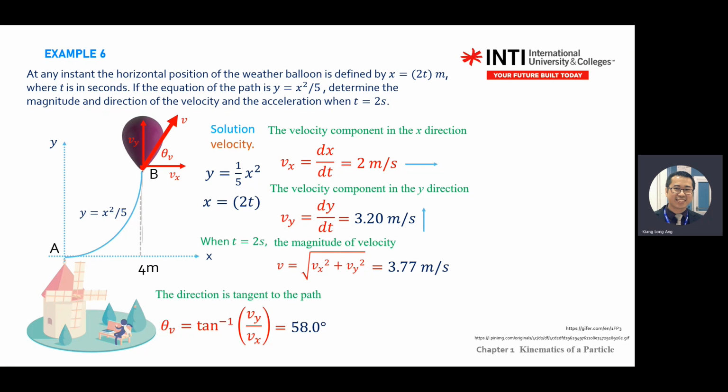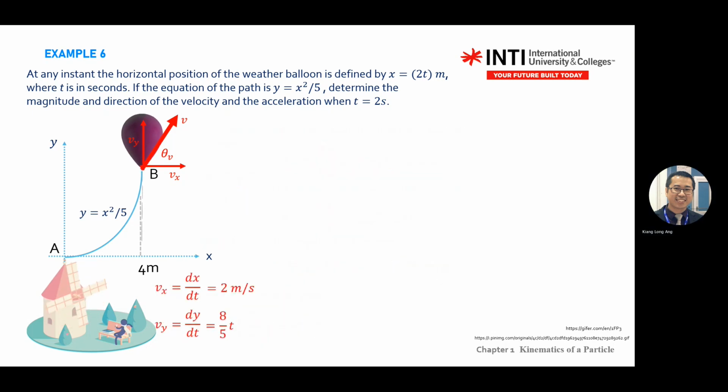In this case, you have your a and b. It's a tangent relationship because it is opposite and adjacent side. You use tangent theta equal to b divided by a. You flip the tangent to the other side, you get this equation on the screen here. Substitute, you get 58 degrees.